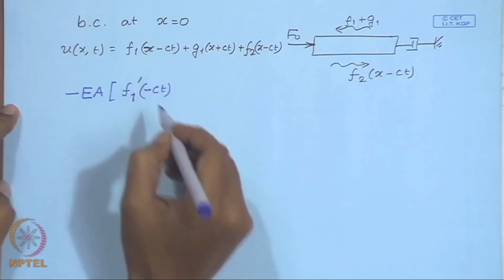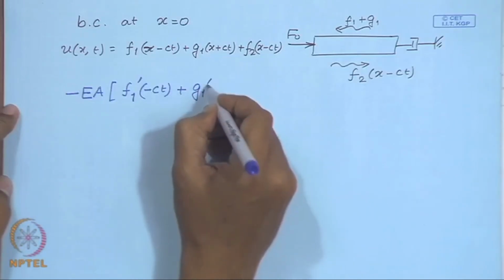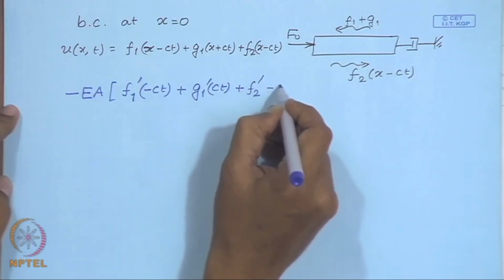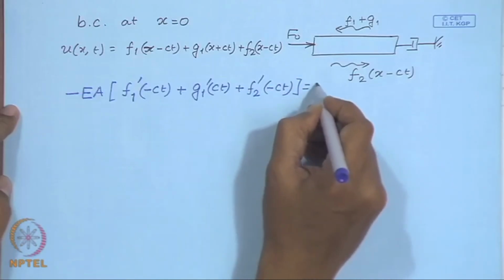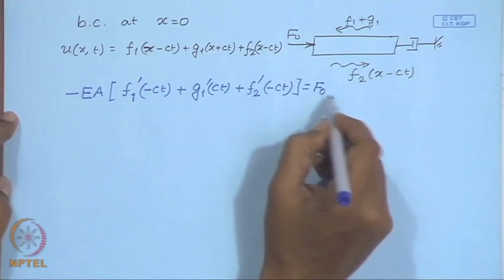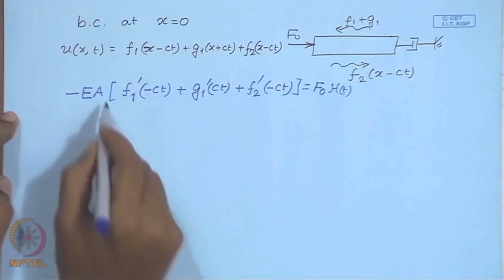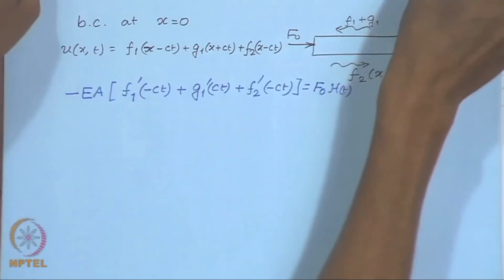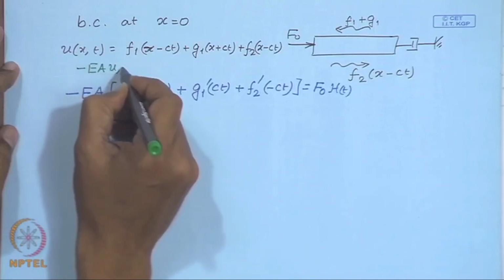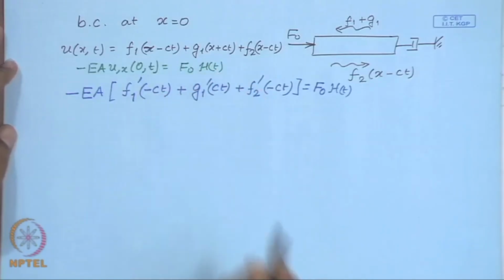So, this is the boundary condition at x equal to 0. So, this is going to be the boundary condition at the left end was... So, this was the boundary condition at the left end.